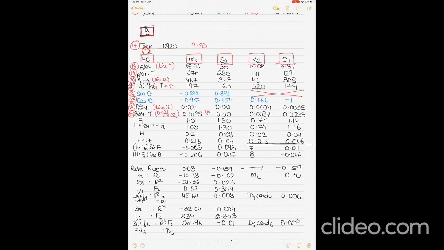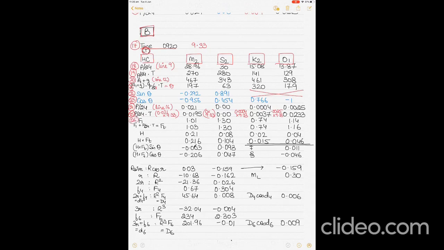Then 0.0004 multiplied by 9.33, and 0.00025 multiplied by 9.33, the time above. That's how you get line number 25.